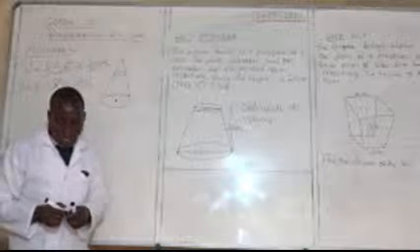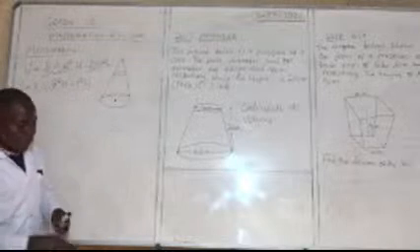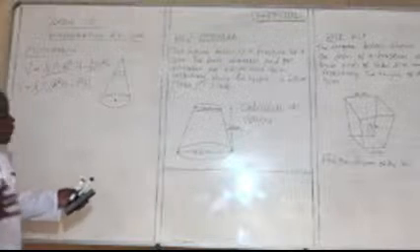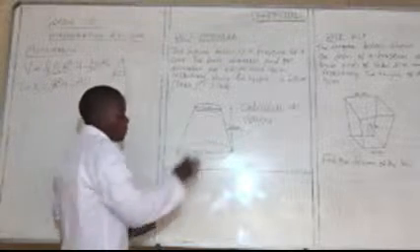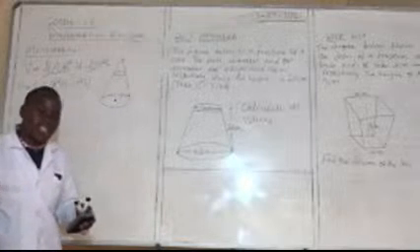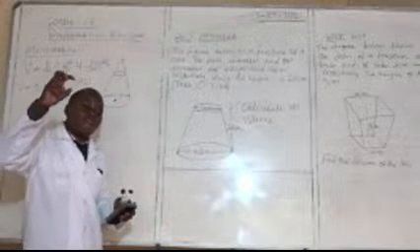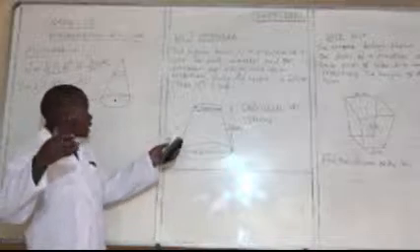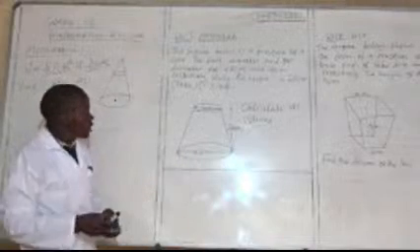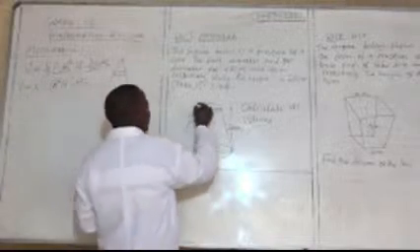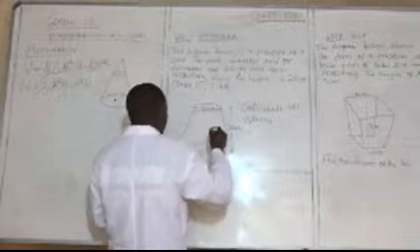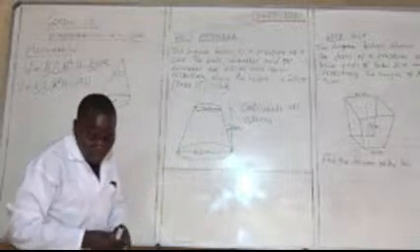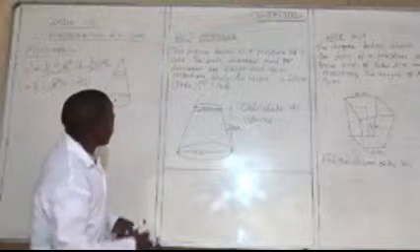Are we together there? Okay, now, before we calculate the volume of this frustum, the first thing is to know the volume of the smaller part. But in this case, do we have it? We do not have. But we can create an imaginary one here. Let me use a different marker.